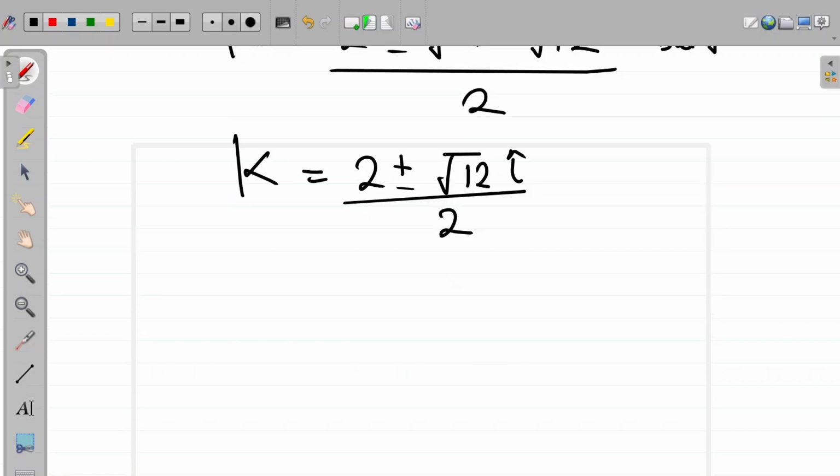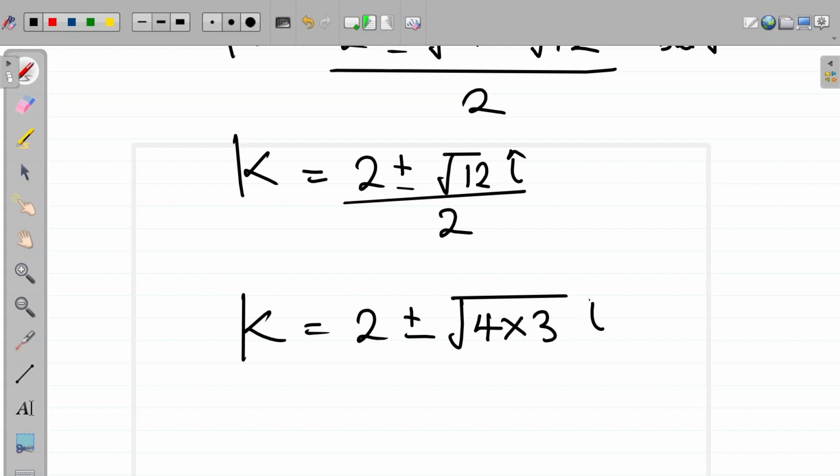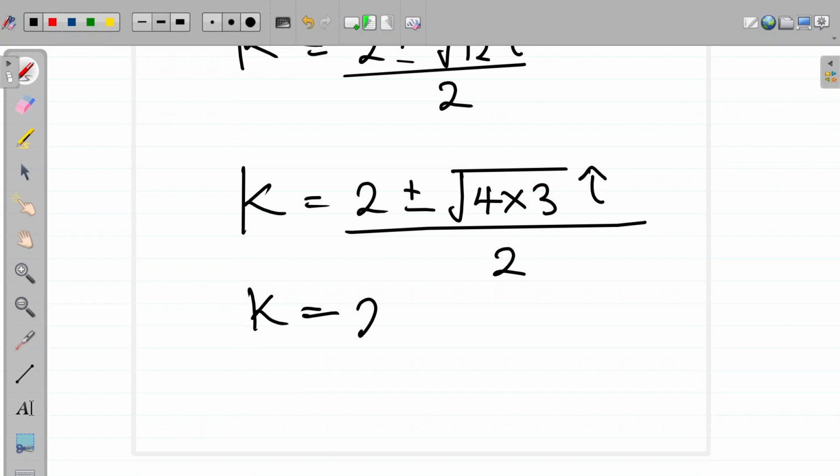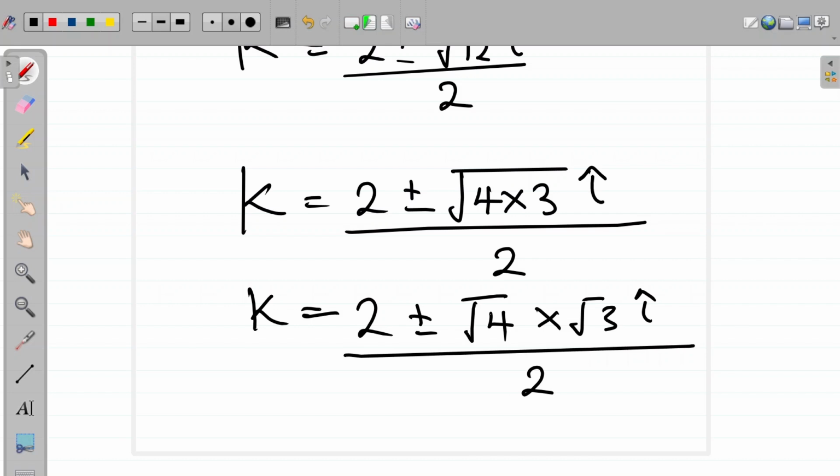So we can simplify further, and we have that k is equal to 2 plus or minus root of 4 times 3 multiplied by i divided by 2. So k is equal to 2 plus or minus, we have root of 4 times root of 3 i divided by 2.